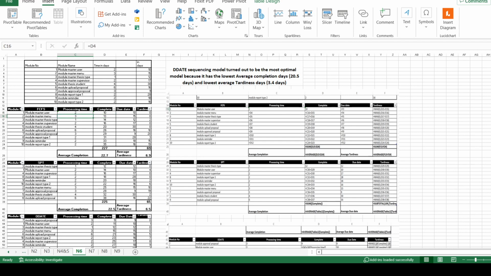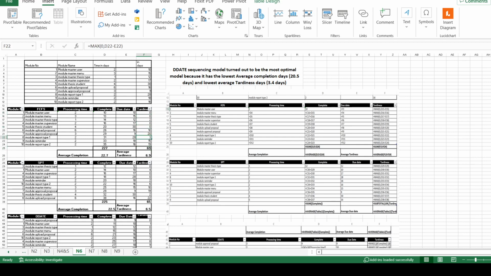The tardiness is just the completion time minus the due date. I use max 0 because I don't want a negative number in the table, because it will ruin the average and the sum. So just cap to 0.